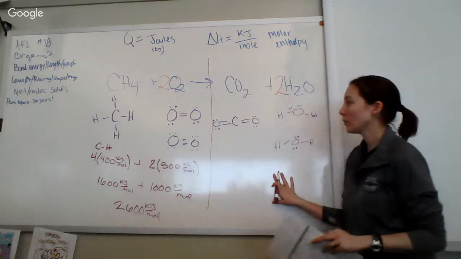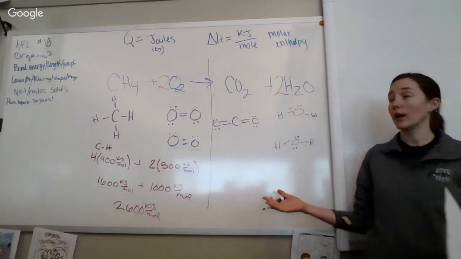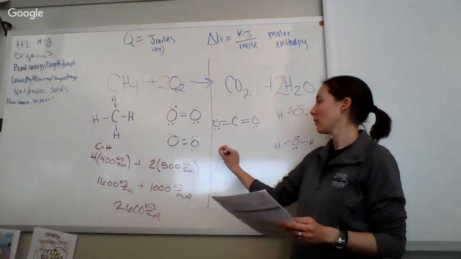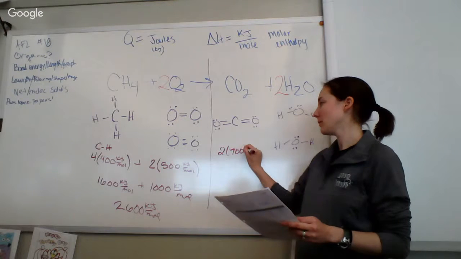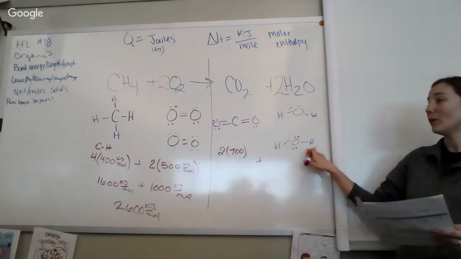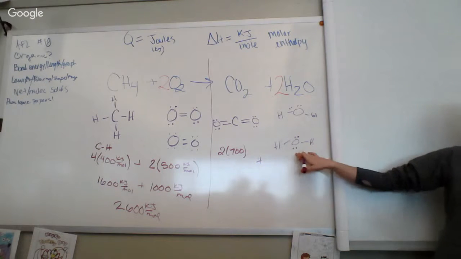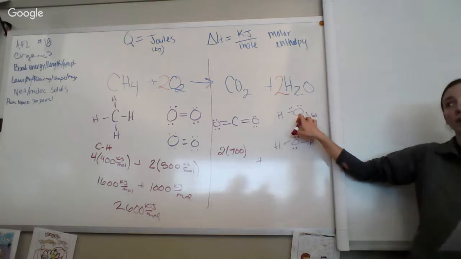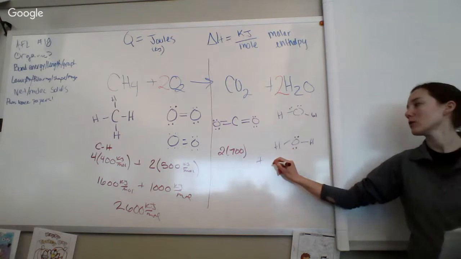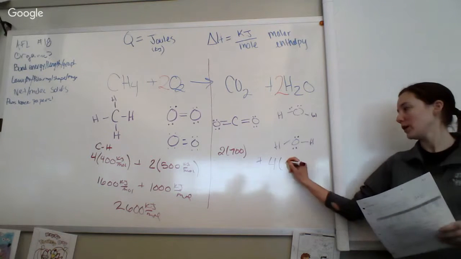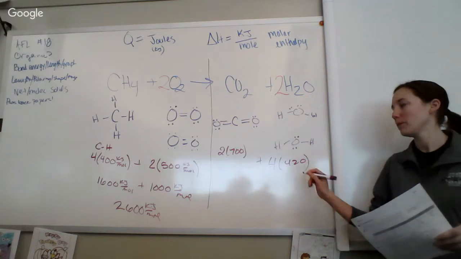Then if I come over here, I'm going to do the exact same process again. So I've got 2 of my double bond carbon oxygens. So I have 2 times 700 kilojoules per mole. Plus I have now, do you see kind of drawing it out? It helps people if you're forgetting that that 2 is in there. But I have a hydrogen-oxygen bond there, there, there, and there. So that's actually 4 times whatever my hydrogen-oxygen bond is, which is my 420.